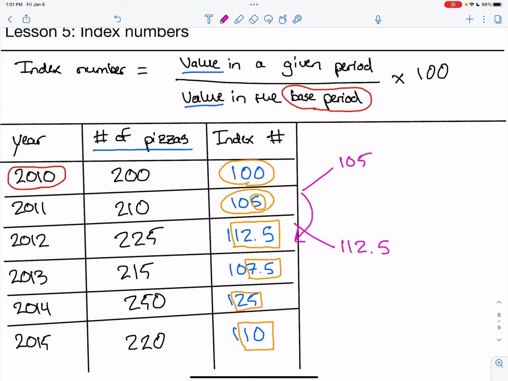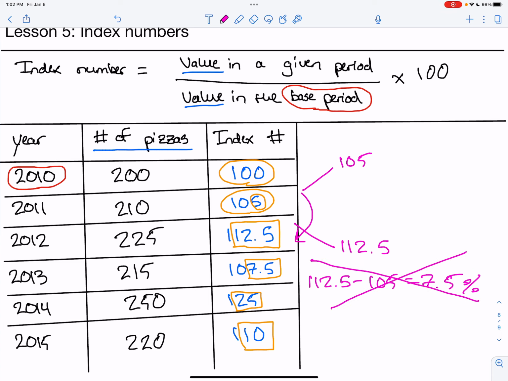By what percentage did the number of pizzas increase from 2011 to 2012? A lot of students would be very tempted to simply do 112.5 minus 105. They would get 7.5, and they would conclude 7.5%, right? Wrong. This is wrong.